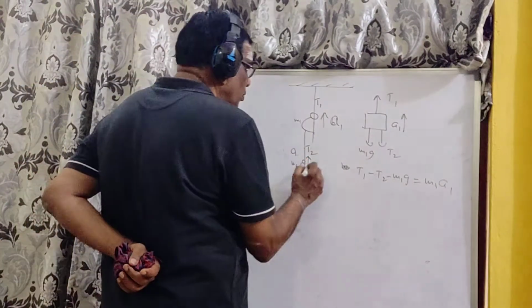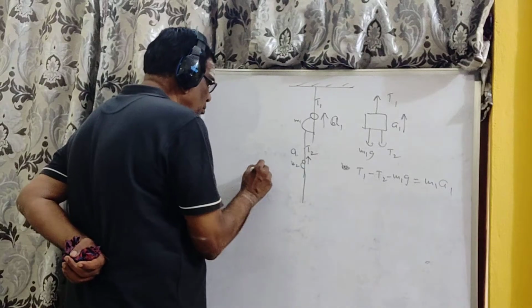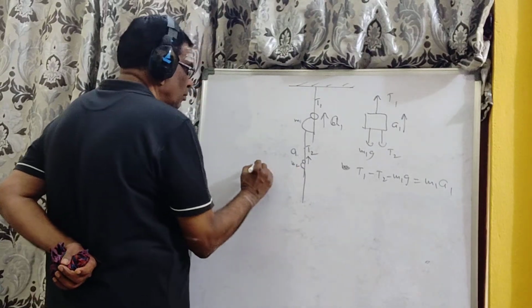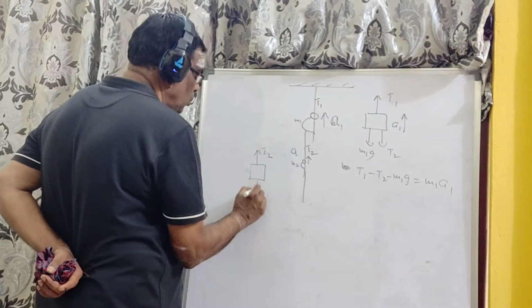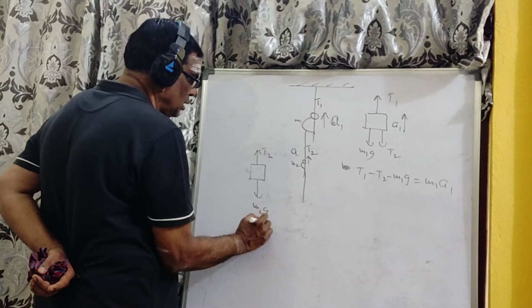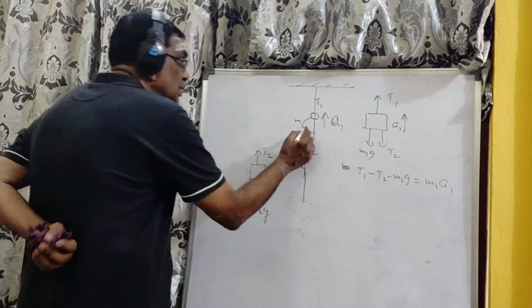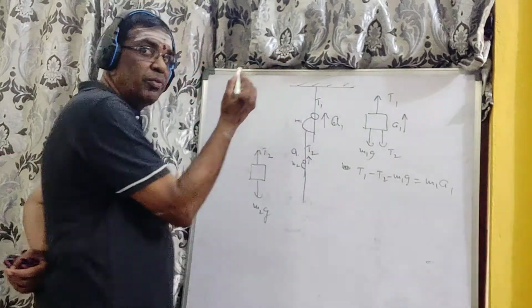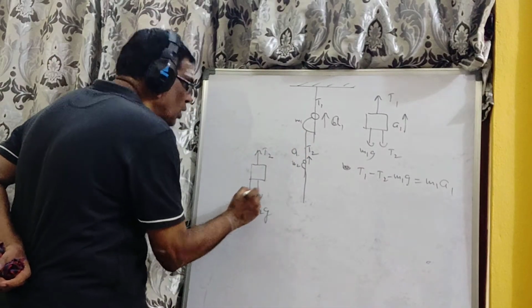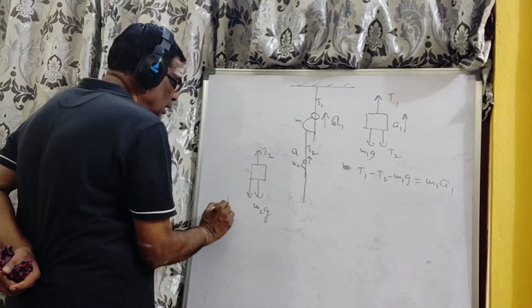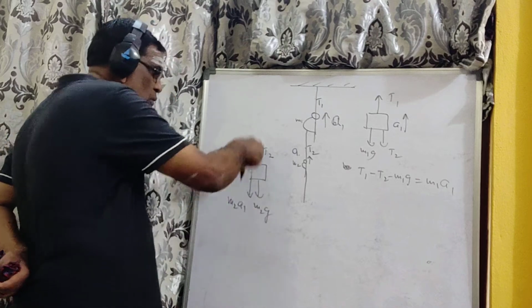And here, what is the FBD? Baby monkey, how do you draw? This is T2, below only M2G. Since this is accelerating up with A1, this whole thing, pseudo force you have to take on this, and that is going to be M2A1.